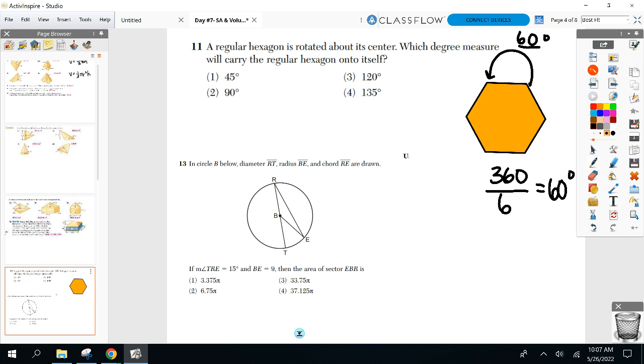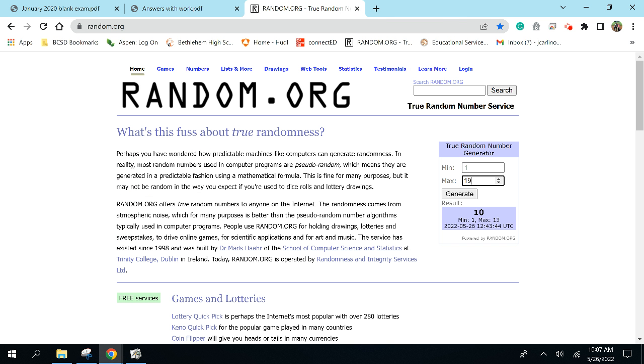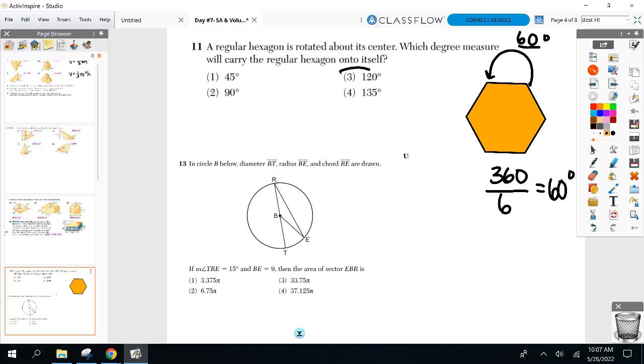So I could go 60, not there. You could go another 60, and how many degrees am I at now? 120. And guess what? If 120 wasn't a choice, I keep adding 60 until I see it. All right? So 360 divided by the number of vertices gives you a minimum amount of degrees, but again, you can go 60 every time.